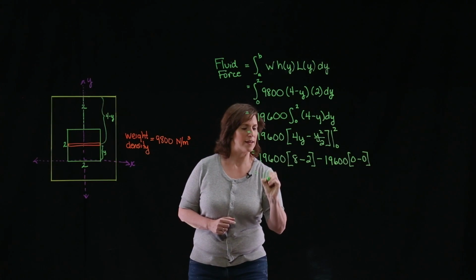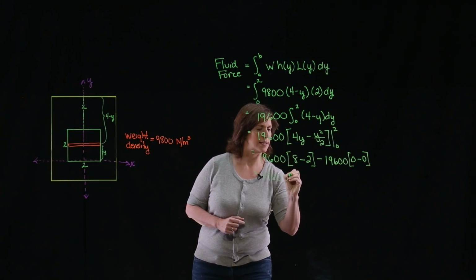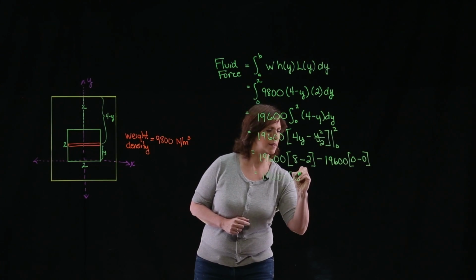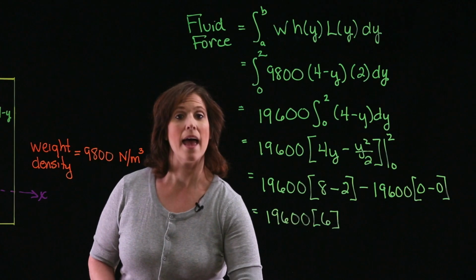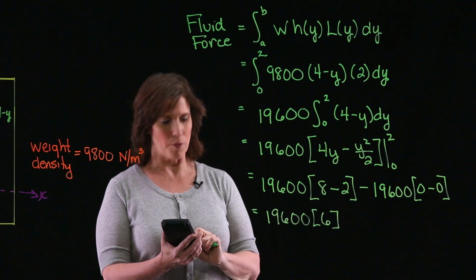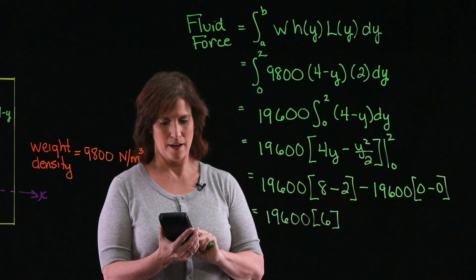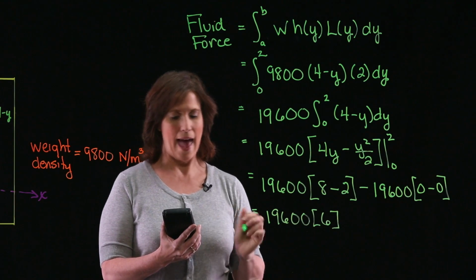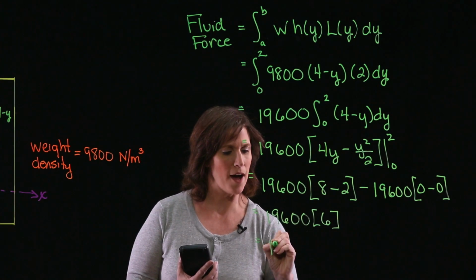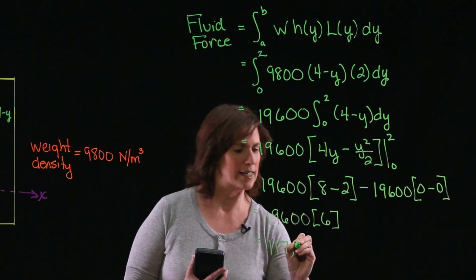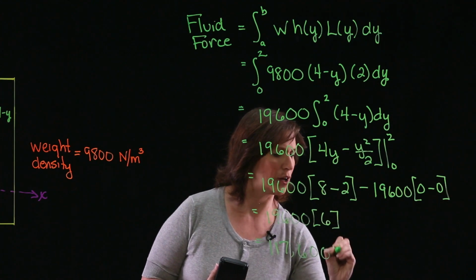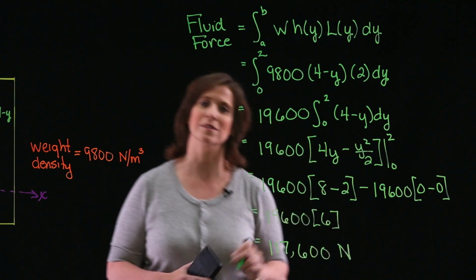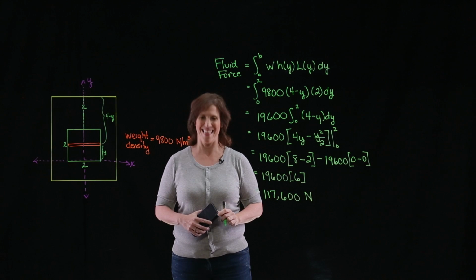So I have 19,600 times 6. I'll use my calculator to do a little number crunching, and I end up with 117,600 newtons. I hope that was helpful. Thanks.